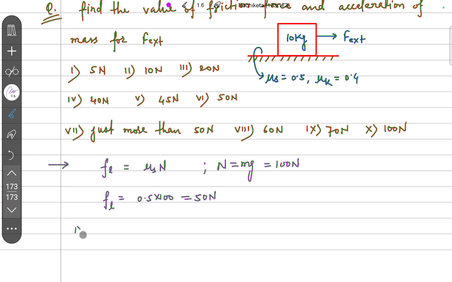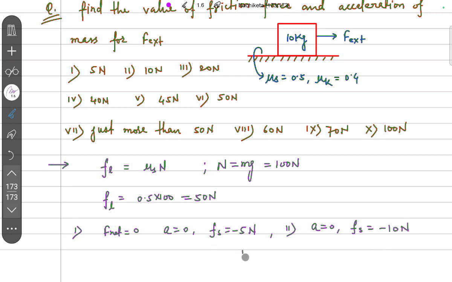So first, F net will be 0 and acceleration is also 0, and f static will become 5 Newton, or you can say minus 5 Newton, backward. Okay, for the second up to the sixth case, the data will remain the same. Why? Because the external force is less than the limiting friction. So here also a will be 0, and f static, being a self-adjusting force, will adjust to 10 Newton.